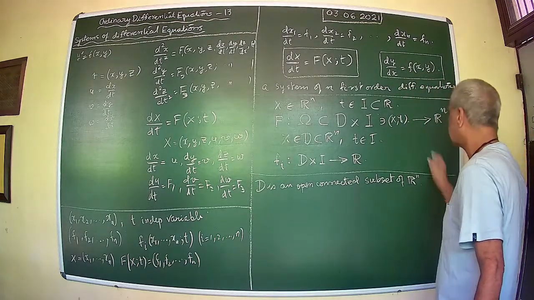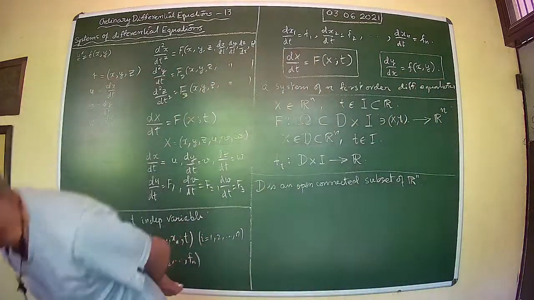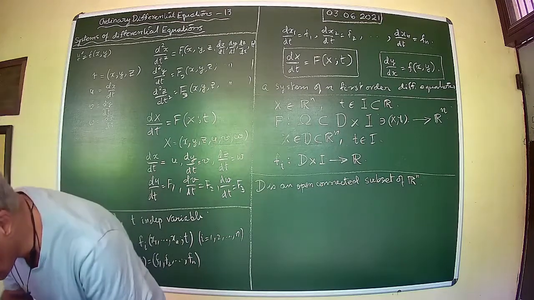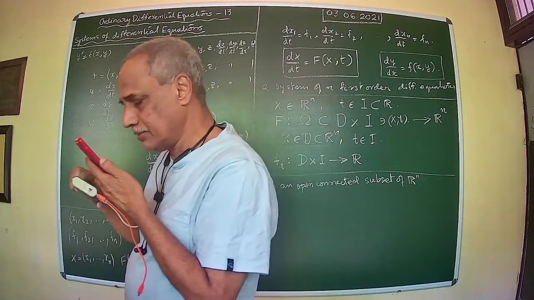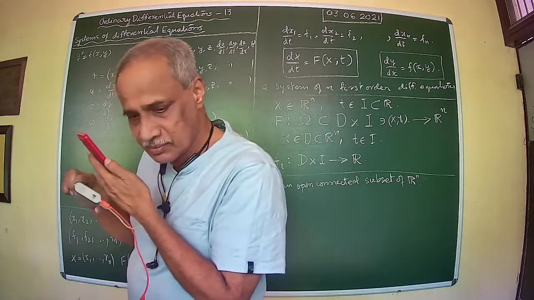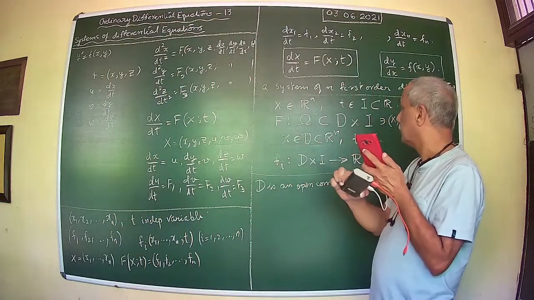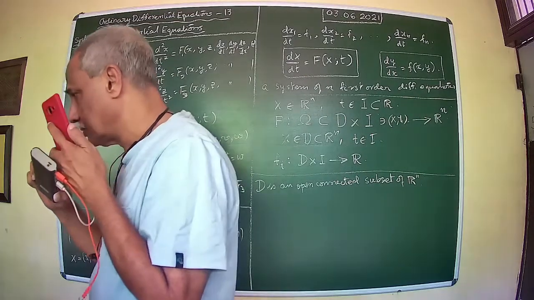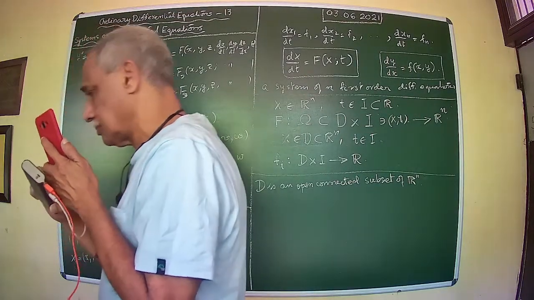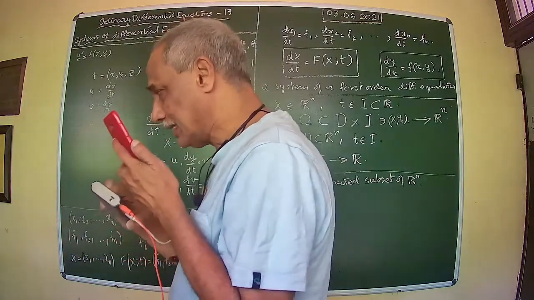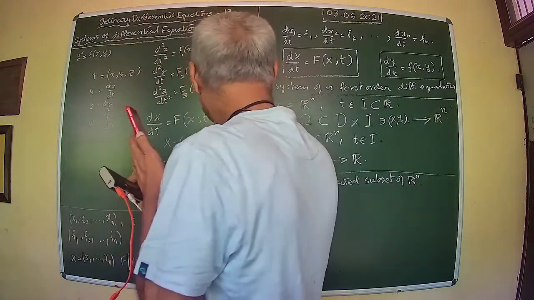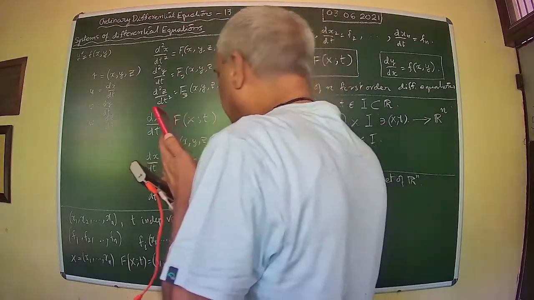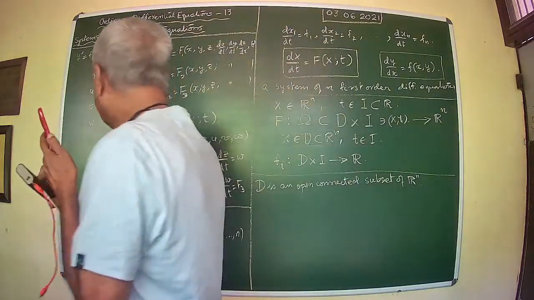And t of course is, as I said... Yes, exactly, it's a part of Rn plus 1. f is not a real valued function, it is an Rn valued function with n components.